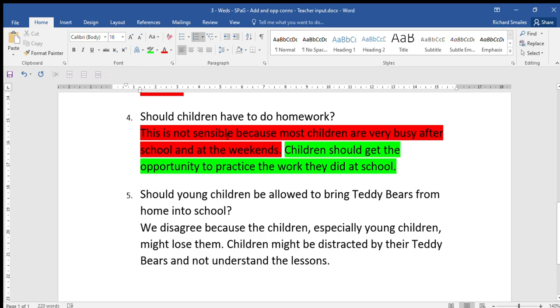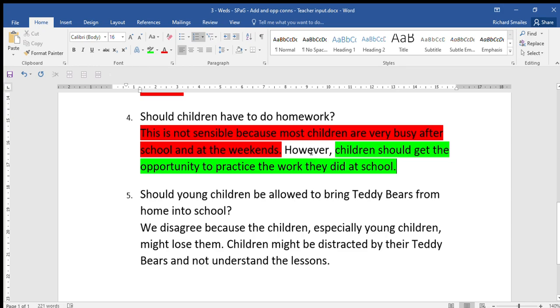Okay, now what we've got here is a situation where the first sentence says no and the second sentence says yes. So because the sentences don't agree, basically because they're in different colours, you still need an opposition connective. Let's go for the easy one again. However, and then let's put a C there.